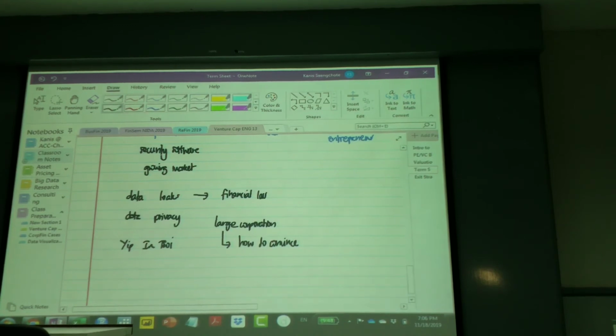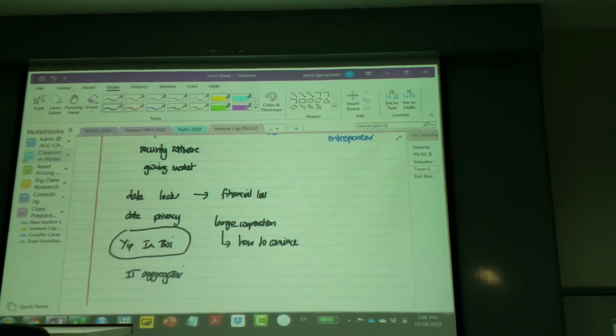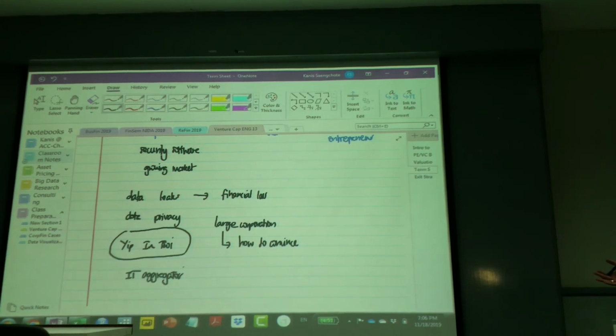So Yip Soy here, you can think of that as the IT aggregator. Because if you are an IT executive in a company, you don't want to talk to all these hundreds of small software companies. You know you have a problem to solve, but if it takes talking to many people to solve just this one single problem, you might be willing to pay other people to face all those small problems for you.